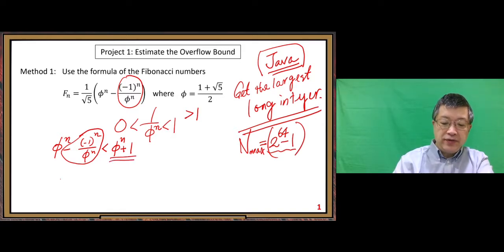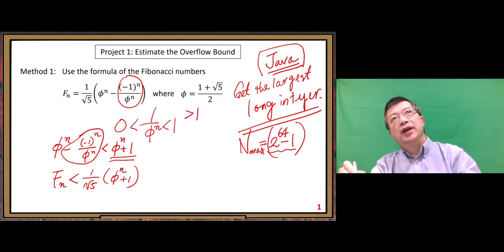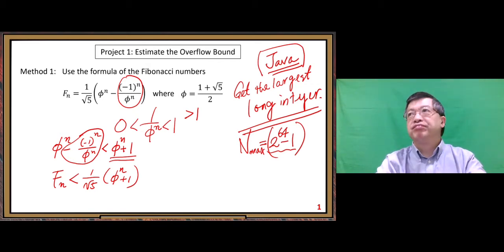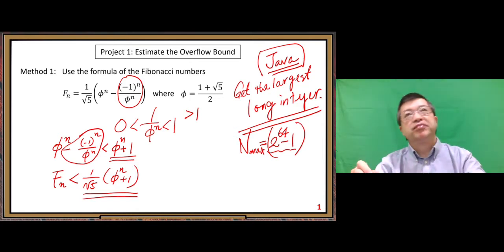That tells us f sub n is less than 1 over root 5 times phi to the n plus 1. So we get a simplified representation of the Fibonacci number. It is approximate, but it is a very close approximation.